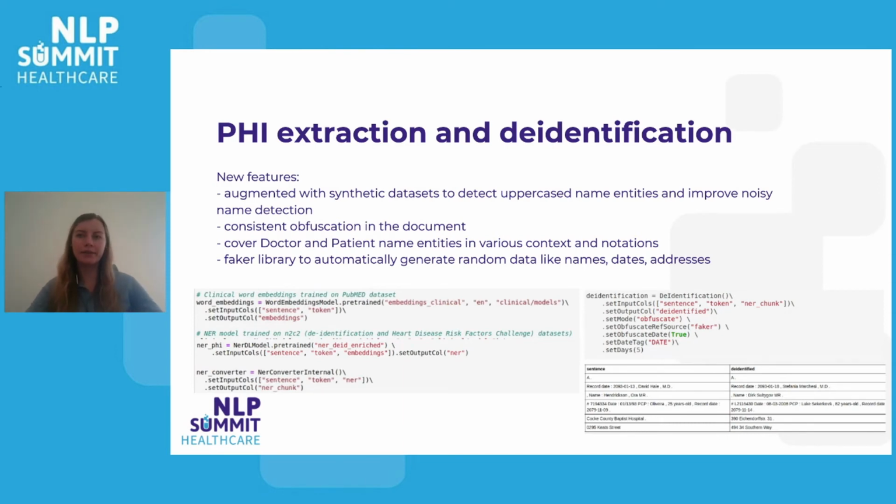We can de-identify upper cases and lower cases. We make sure that doctor and patient are consistently de-identified through the documents, and we keep all the links. The next block I'm going to speak about is the training of the NER. Next slide, please.